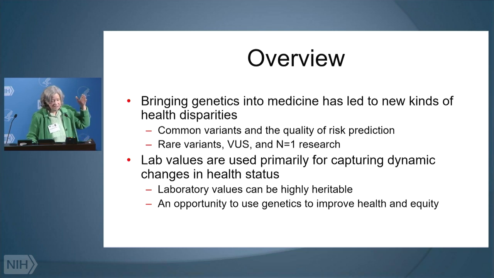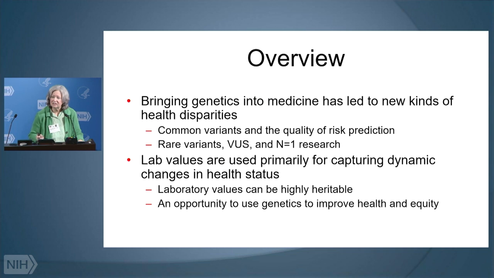In contrast, a lot of the laboratory values that we use in everyday medicine are trying to capture primarily dynamic changes that happen as we depart from healthy homeostasis into either a disease state or something that our medications are driving us in the wrong way to have.